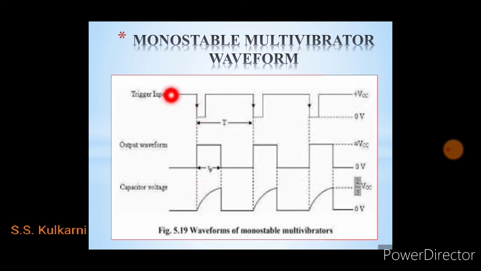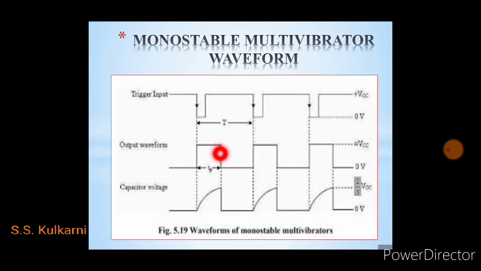When the trigger input is applied and the voltage of trigger input is less than 1/3 VCC, then lower comparator output becomes 1. Hence finally the output of timer becomes high, which is shown here. This remains in high state and hence the capacitor will be charged, which is shown here.